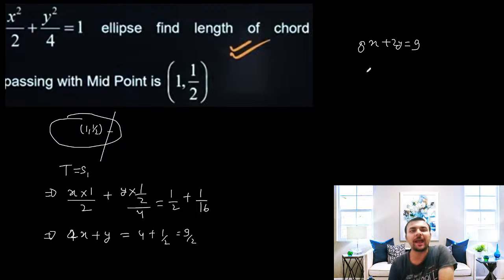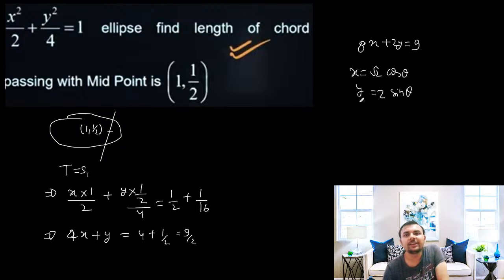So I think we will have to solve the chord with the line. Is it so? We can have root 2 cos theta, 2 sin theta. So x could be root 2 cos theta, y could be 2 sin theta. If we try to keep it, are we going to get it? So length of chord. So 8 root 2, 4.